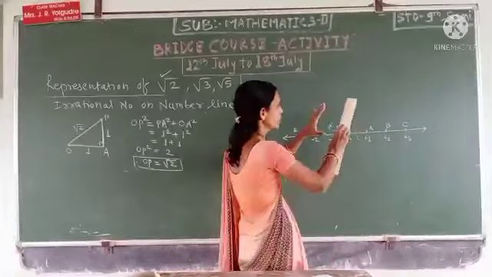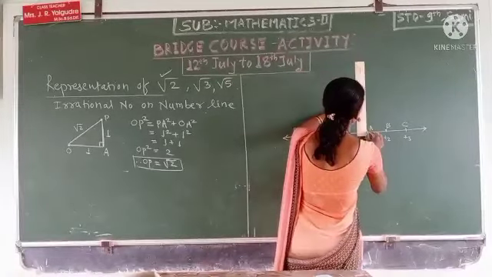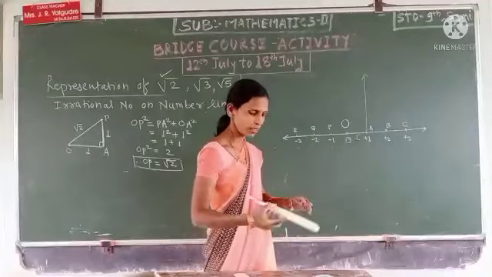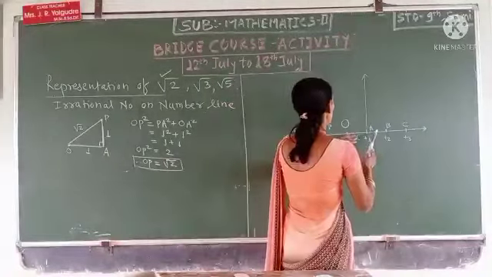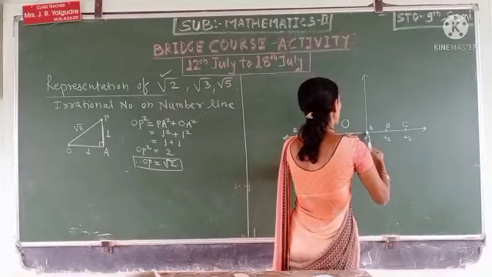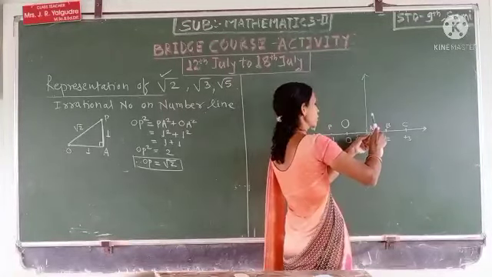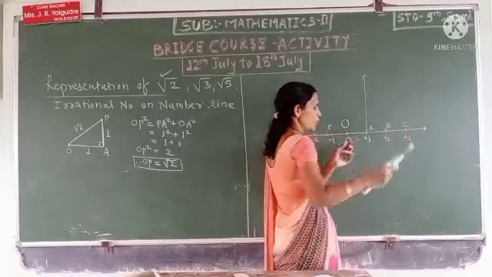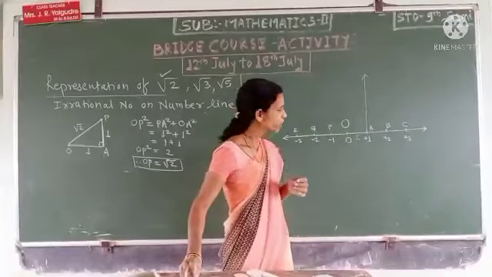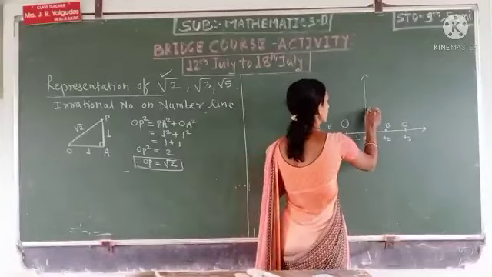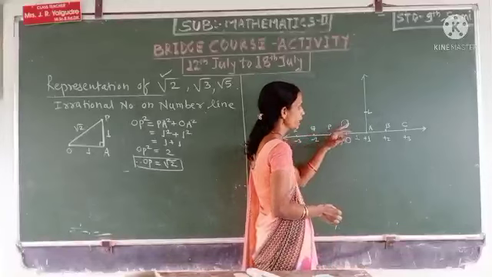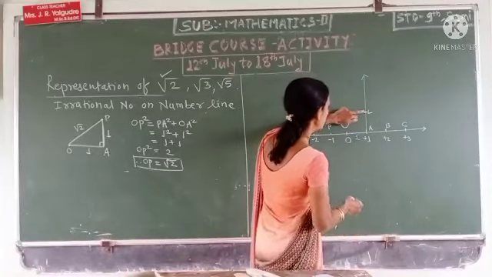Then we draw the perpendicular line passing through the point A, and take the same unit distance on that ray, and L is the point.